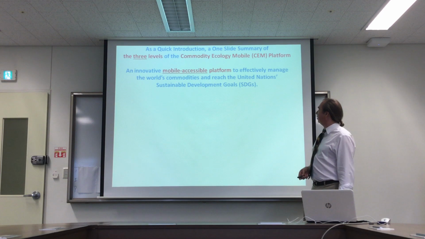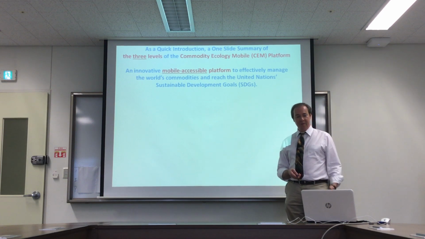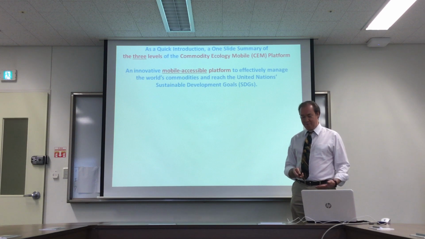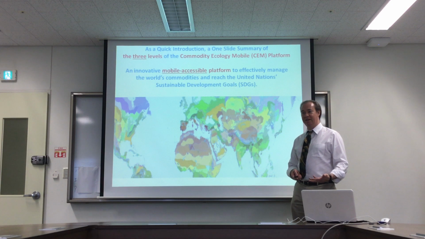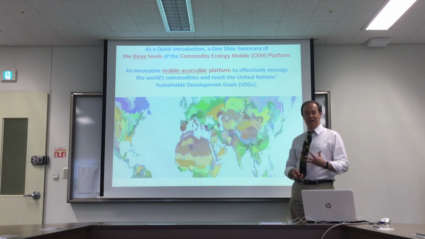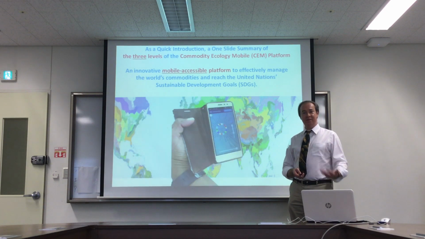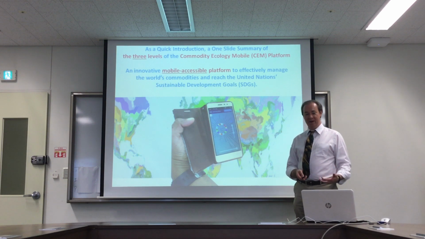As a quick introduction, one slide summary of these three levels of the Commodity Ecology Mobile Platform, which is an innovative mobile accessible platform for these SDG goals. The first level is the ecoregional map. We can access all regional knowledge across an ecoregional map. Second factor will be the mobile phones themselves, a network of over 5 billion mobile phones in the world at present.